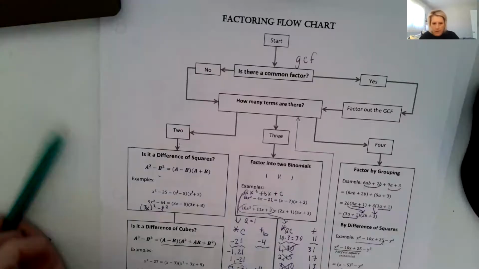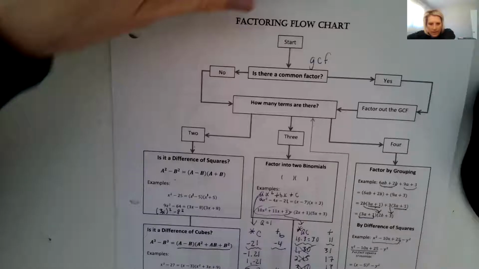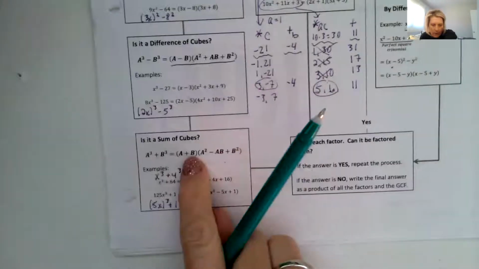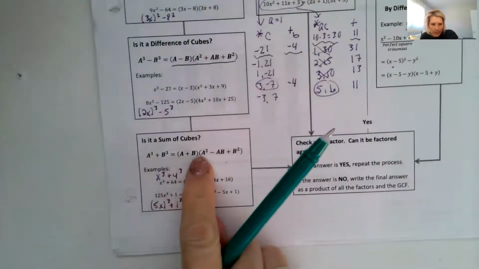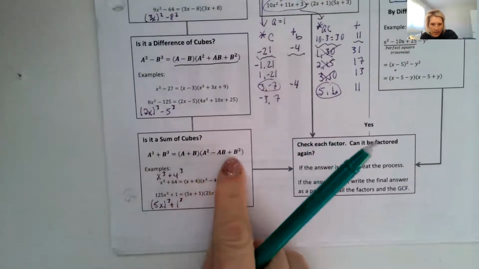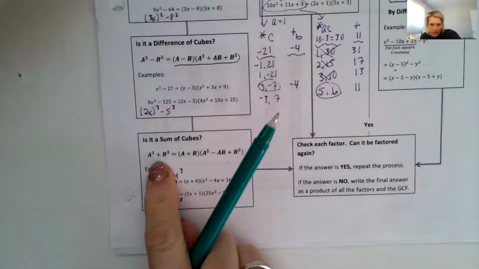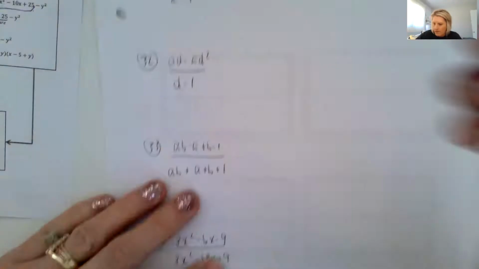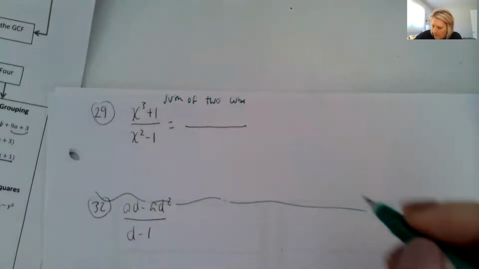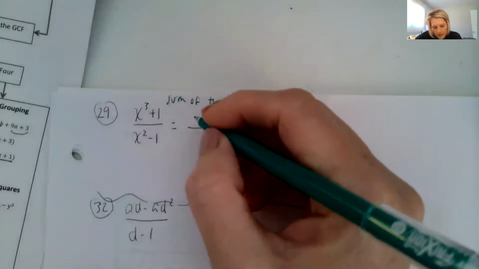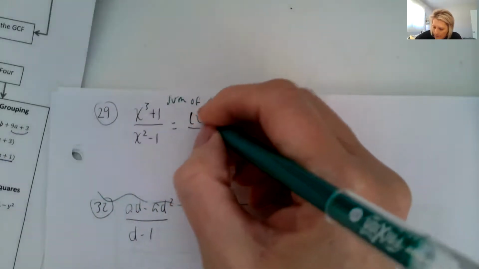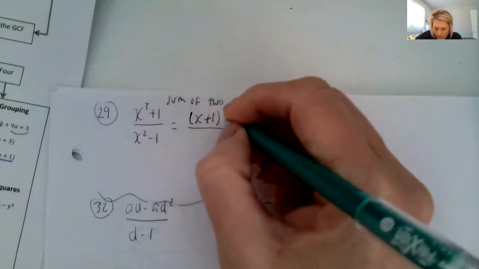So our sum of 2 cubes is over on the left here. And right there is our formula. A plus b times a squared minus ab plus b squared will be the sum of 2 cubes. So ours is going to be x plus 1 as my a plus b.